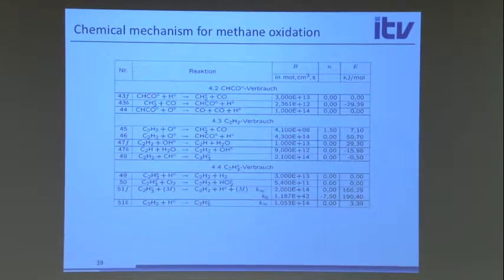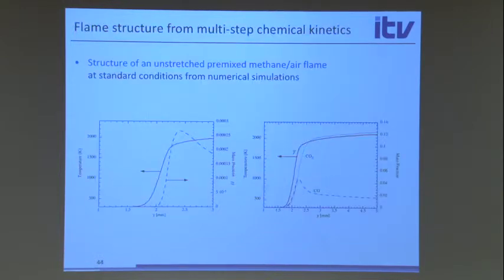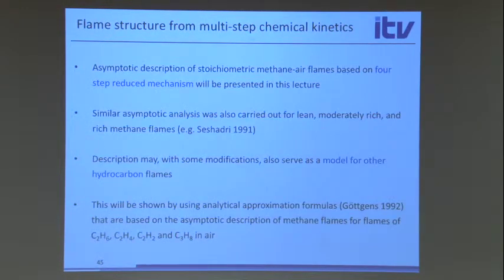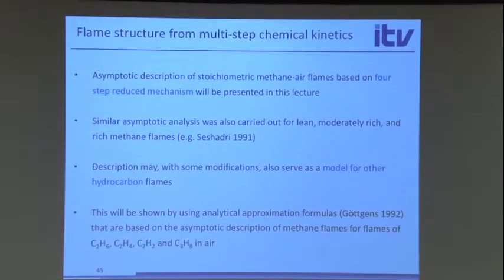Looked at this for a little bit, and I think this is from computation. We'll look at this later again. But here we want to look at an asymptotic description of the flame structure using the 4-step mechanism. To do this, we first start out to make the mechanism much simpler.